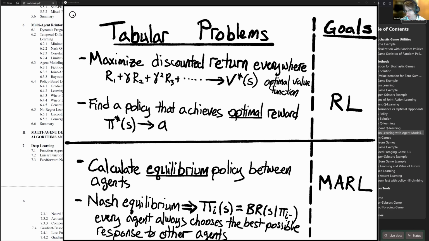Another way of saying this is that every agent's behavior is a best response policy to all of the other agents. Best response meaning it can't make a change that would produce a better outcome for itself. The problem is that finding a Nash equilibrium can be very difficult.